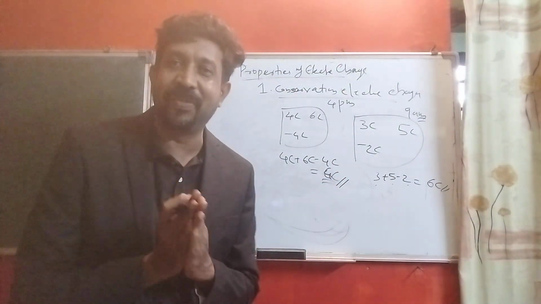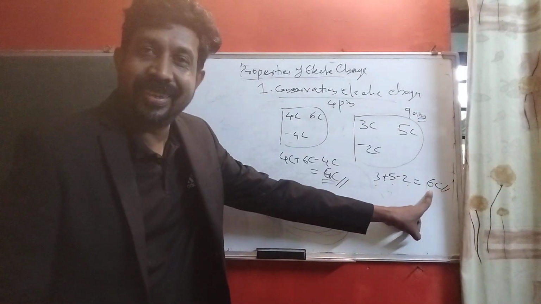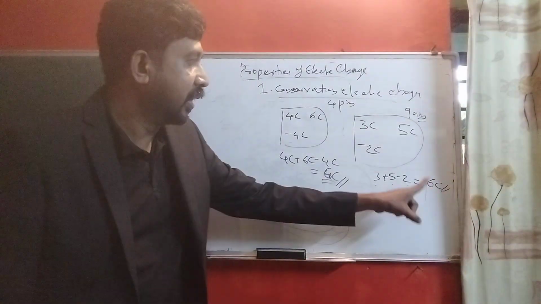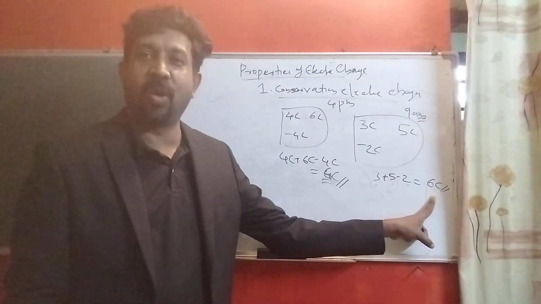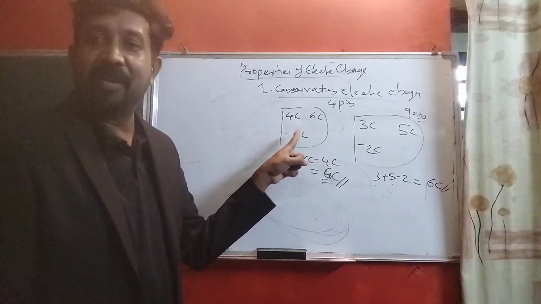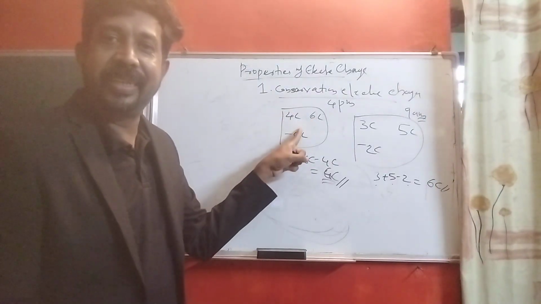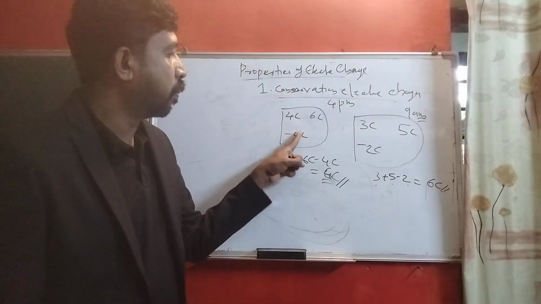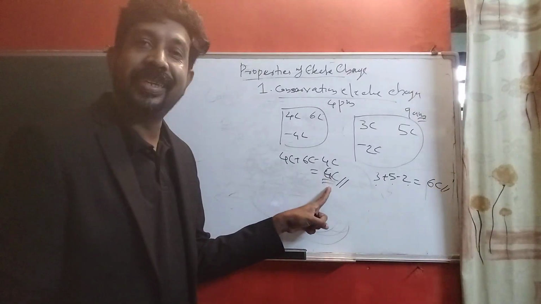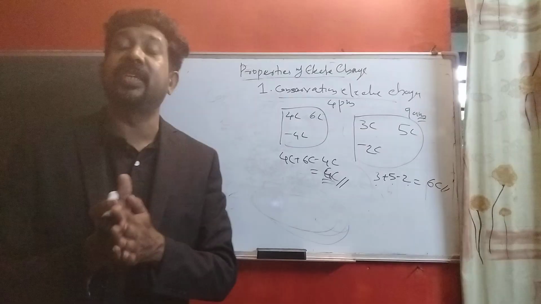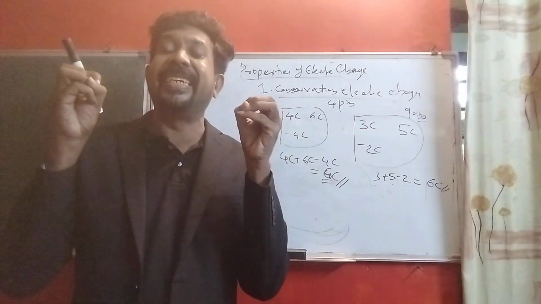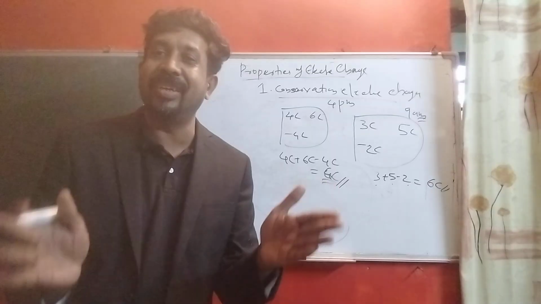What do you understand from this? At 9 a.m., the total charge of this body is 6 coulomb. At 4 p.m., the charge distribution is changed, but the total charge is 6 coulomb. Therefore, the total charge of a body is always conserved or remains constant.